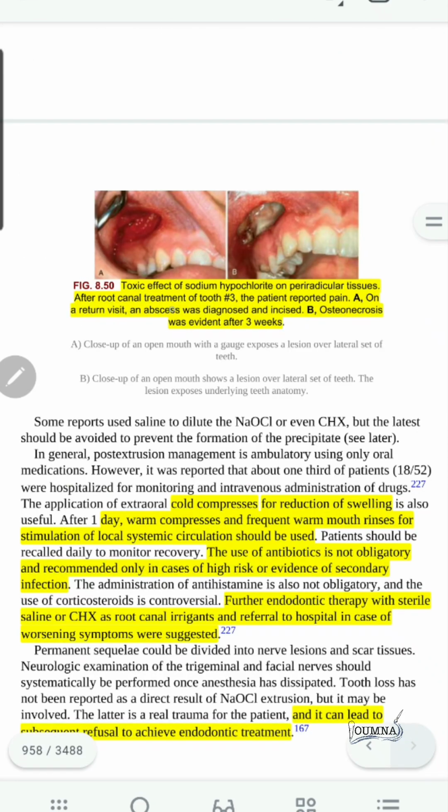Here we have a case where the dentist was treating tooth number 3, and the patient reported pain. On a return visit, an abscess was diagnosed. Then, after 3 weeks, we started seeing an osteonecrosis of the area.